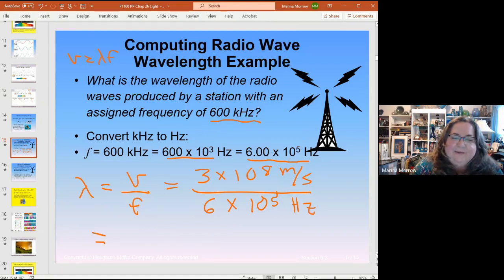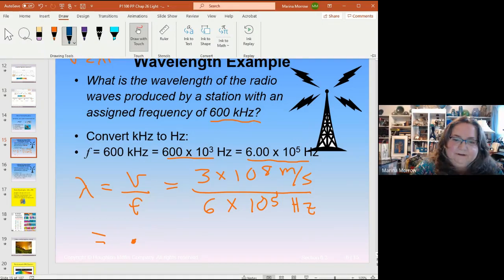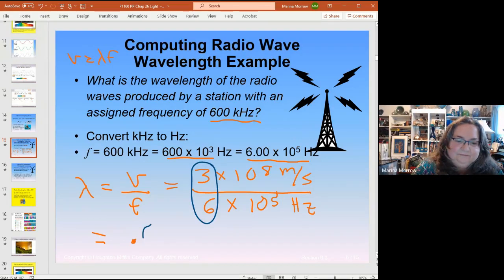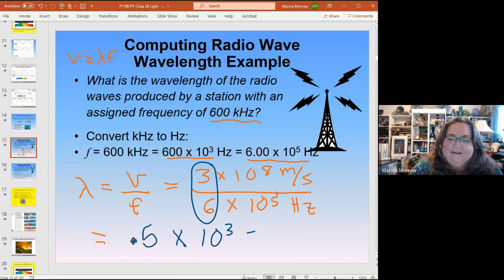And so what I come up with is 3 over 6 is 0.5. So I do that part first. So 0.5. And then I've got 10 to the 8th over 10 to the 5th. So that's 10 to the 3rd. And since 10 to the 3rd is 1,000, I'm saying like half of 1,000.